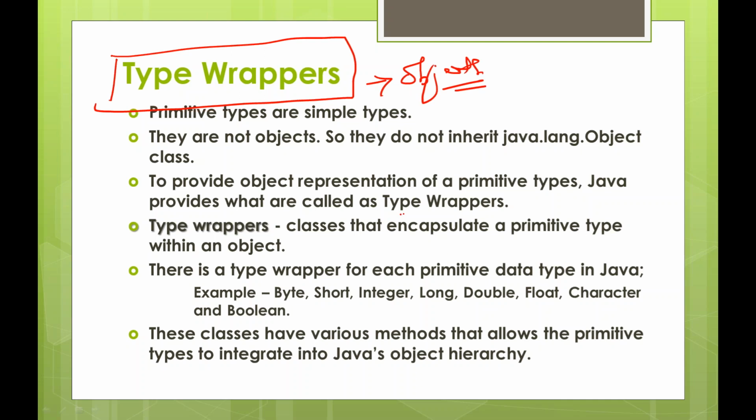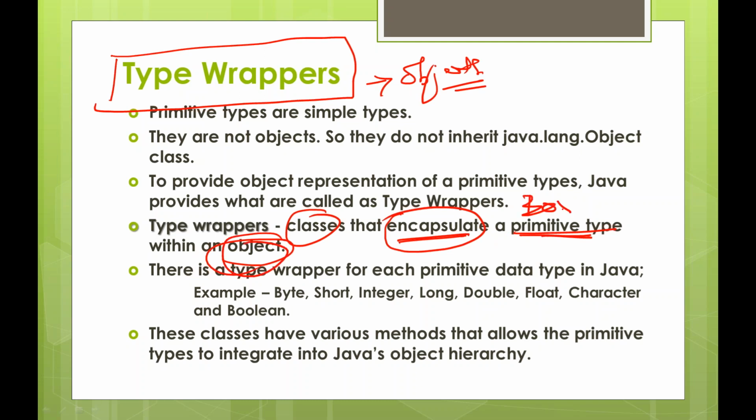They are classes that encapsulate, or box, a primitive type into an object.